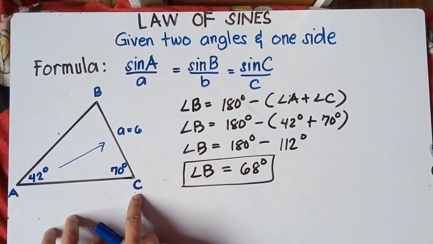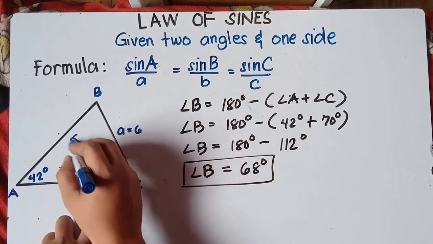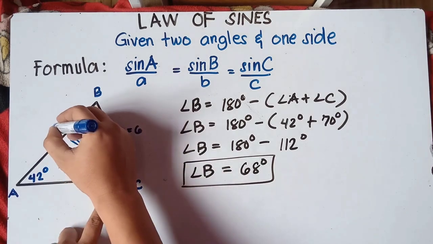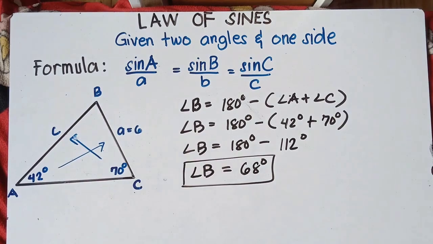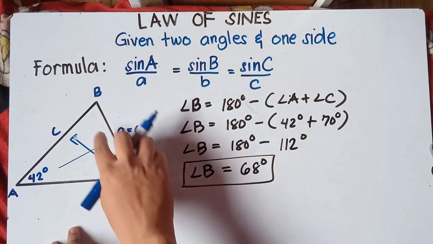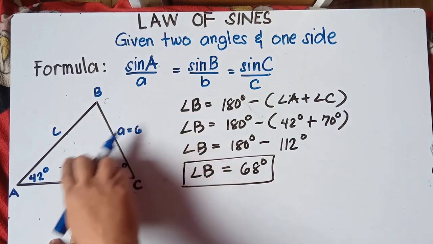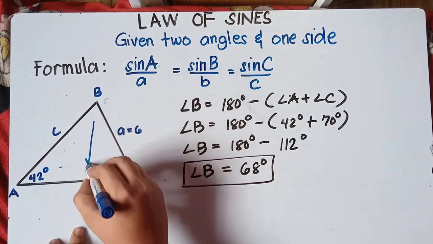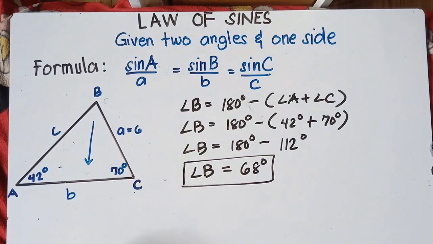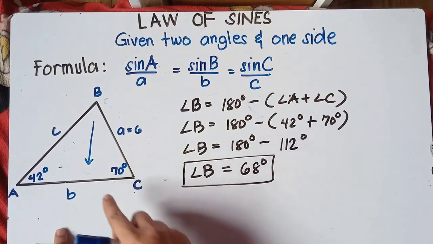If this is angle C, the opposite of this angle C will be small c, and we don't have the value of the opposite side, so we will find that later on. If this is angle B, the opposite of angle B should be small b, side b, and we don't have the value, we will find that later on.